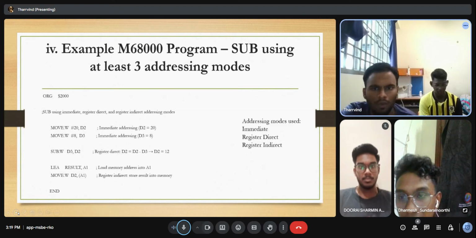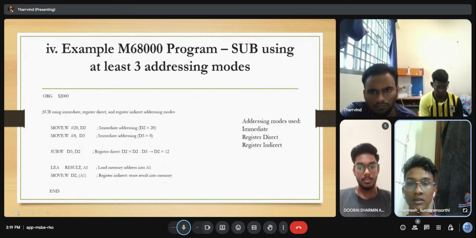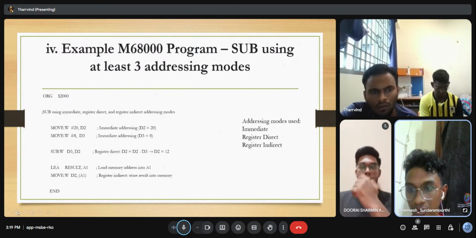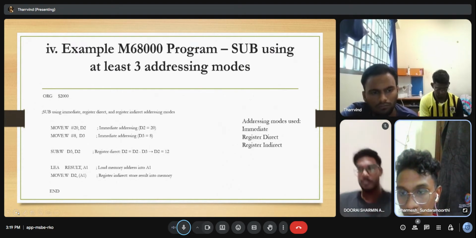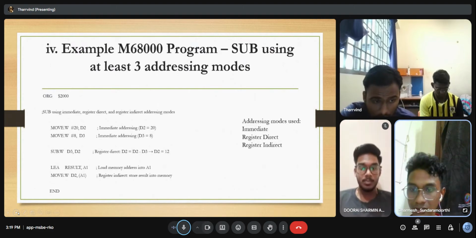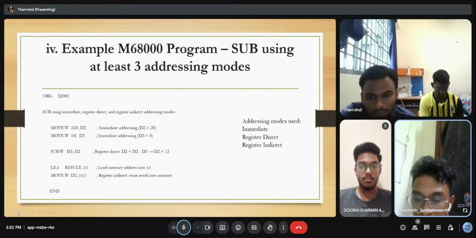Next, the fourth is an example of an M68000 program using subtraction with at least three addressing modes. ORG $2000, and now we use subtraction with immediate, register direct and register indirect addressing modes. MOVE.W #20, D2 is immediate addressing for D2 equals 20.